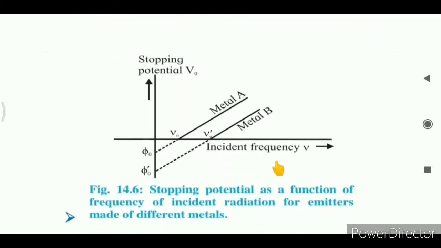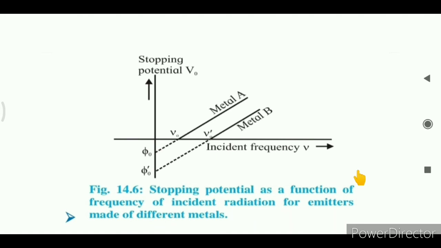For example, two metals are taken, metal A and metal B. Here in the graph, frequency is taken on the x-axis, the different values of the incident frequency, and on the y-axis the value of the stopping potential.